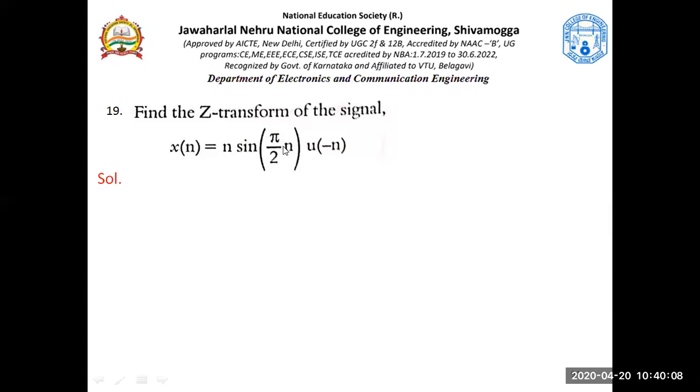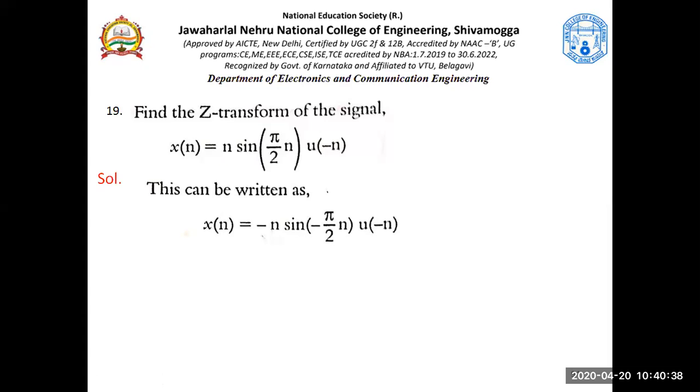If you make this minus n, what is sine minus theta? Sine minus theta is minus sine theta. So once I introduce minus here, it would be sine minus theta, and that minus would be taken care of here. So this is what is being done here.